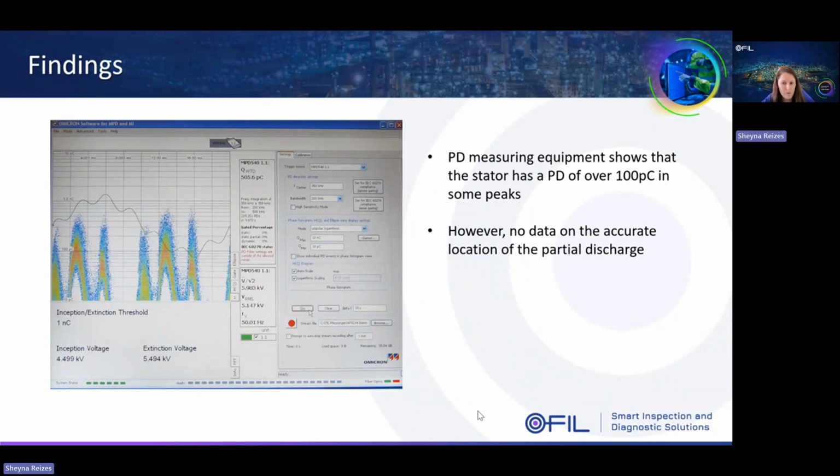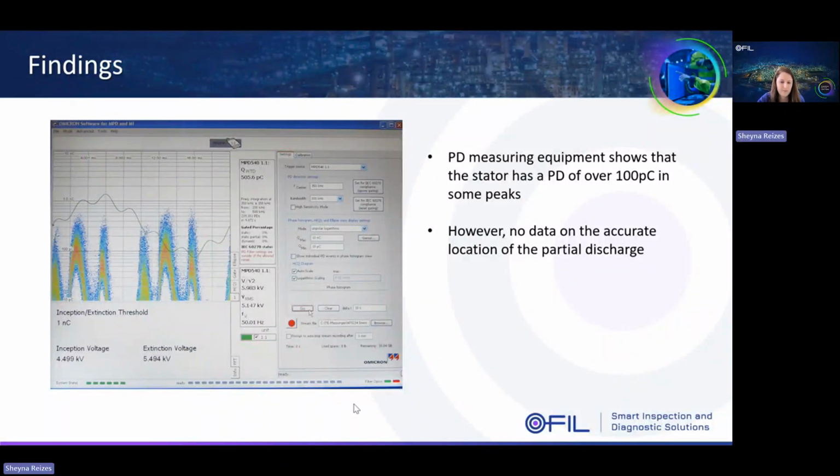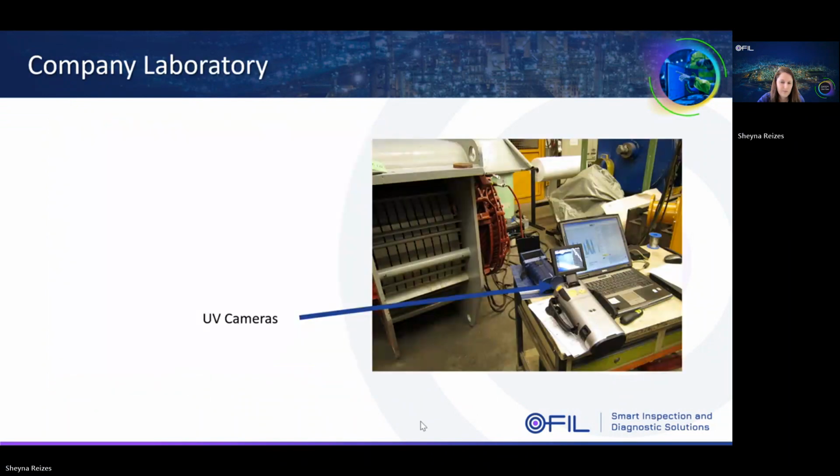The PD measurement equipment shows that the stator has a PD of over 100 picocoulomb in some of its peaks, but there is no data on the location of where exactly it is located. So this is where the UV cameras are used.